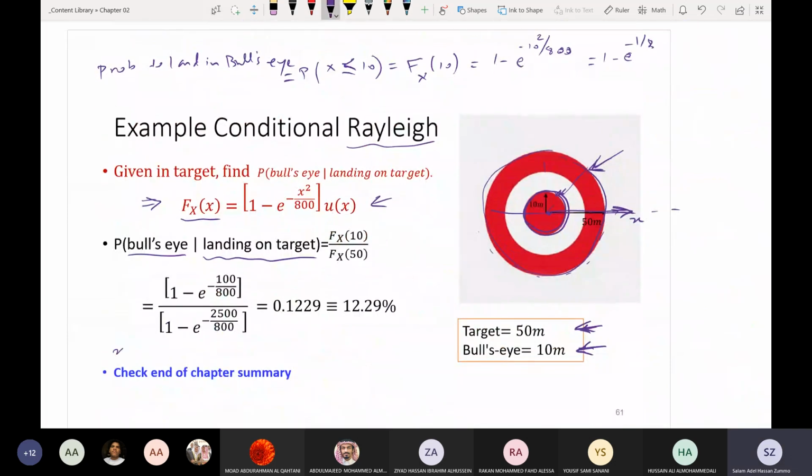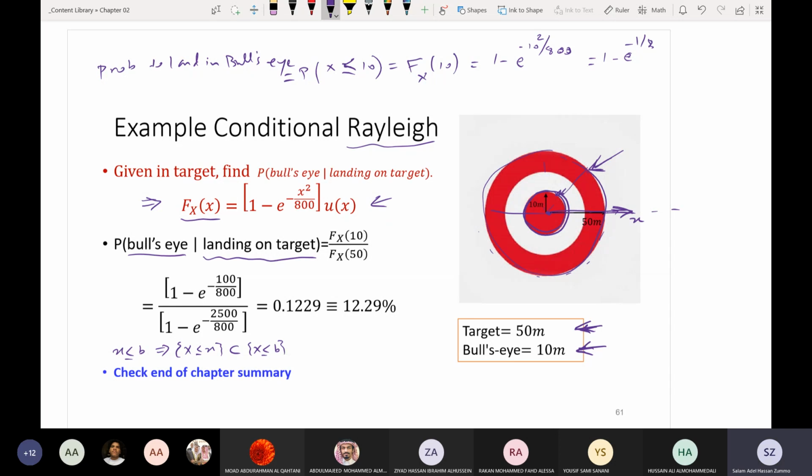when x is less than b, the event x less than small x becomes a subset of x less than b.